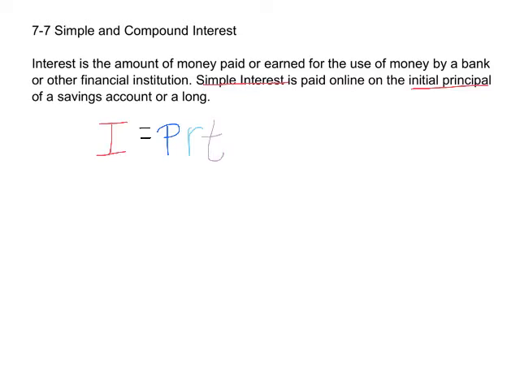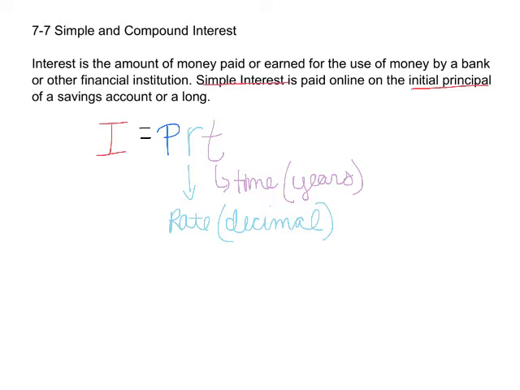So let's just go ahead and label those. So we have our time, and time is always going to be in years. Then we have our rate, and our rate is always going to be in a decimal form. And then we have our principal, which is that initial money borrowed.